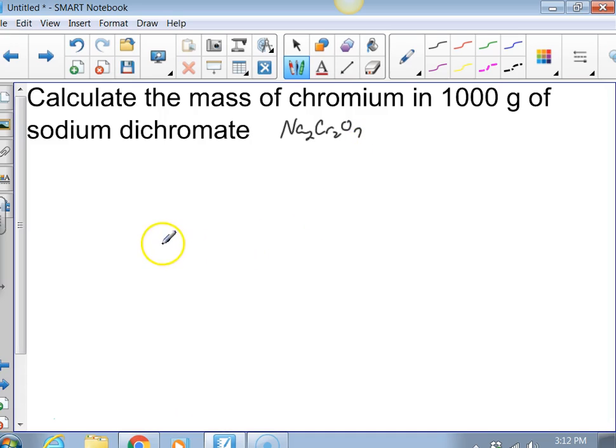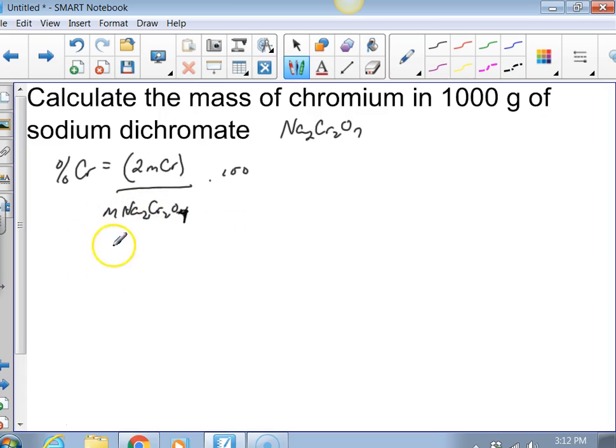We are interested in the percent by mass of chromium, which is going to be 2 times the mass of chromium divided by the mass of Na2Cr2O7, times 100.